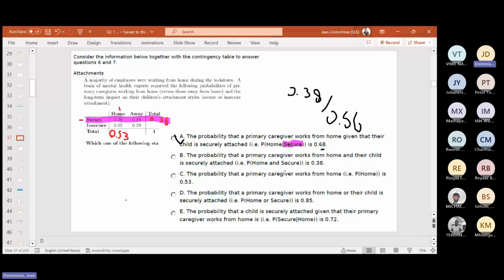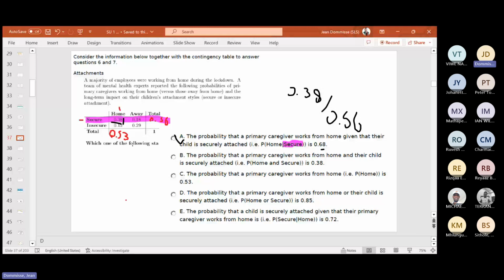Okay, so then let's go to the next one: the probability that the primary caregiver works from home and their child is securely attached, work from home and secure. So that is already given to us. Remember, these are already probabilities that they've worked out for us, so it is the 0.38.